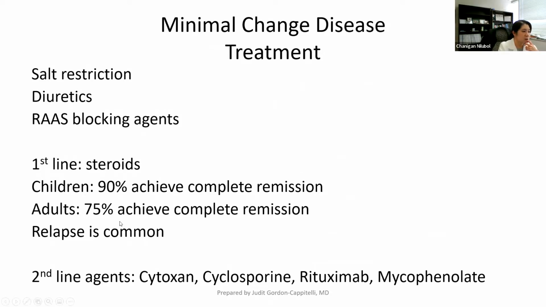In adults, there's a lower rate of patients that achieve a complete remission. And the hallmark of minimal change disease is that relapse is common. There are times the patients might have a complete remission and even be discharged from the clinic because it's fine, and then something triggers it and they come back with the same picture.